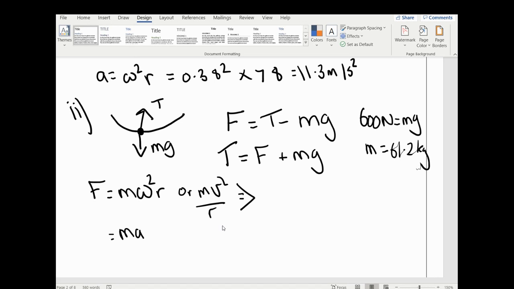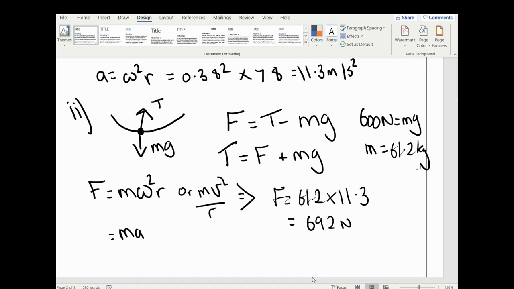Well, that was mean. So the centripetal force is going to be 61.2 times 11.3. That's going to be 692 newtons.